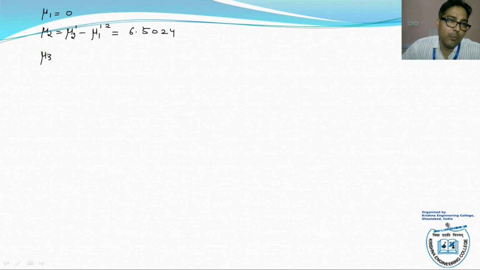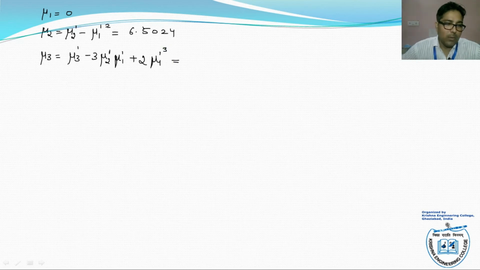And the value of mu 3 is equal to mu 3 dash minus 3 mu 2 dash into mu 1 dash plus 2 mu 1 dash cube. So put this value, we get the value of mu 3 is 6.8244.